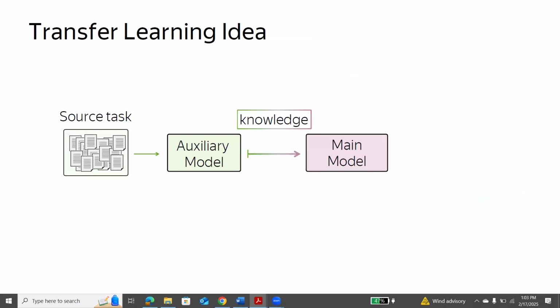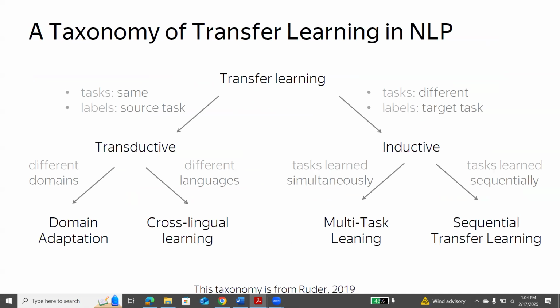In transfer learning, we use one model to train another model. There are different ways to do this. One is called transductive transfer learning, when we use the same task, for example, named entity recognition, but use, for example, a different data set.